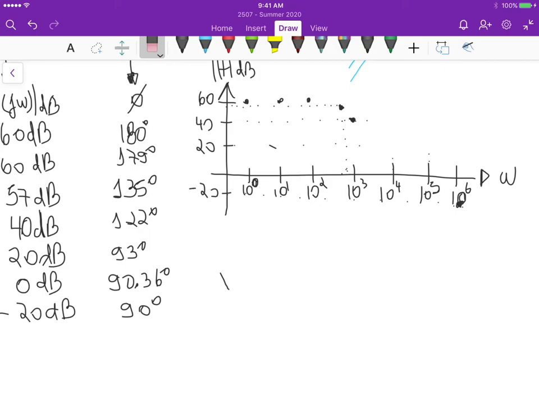So see, it goes to the 40, and then here is 20, here is 0, and here is minus 20. Yeah. So this is the magnitude, okay? So here it's minus 20 dB per decade.